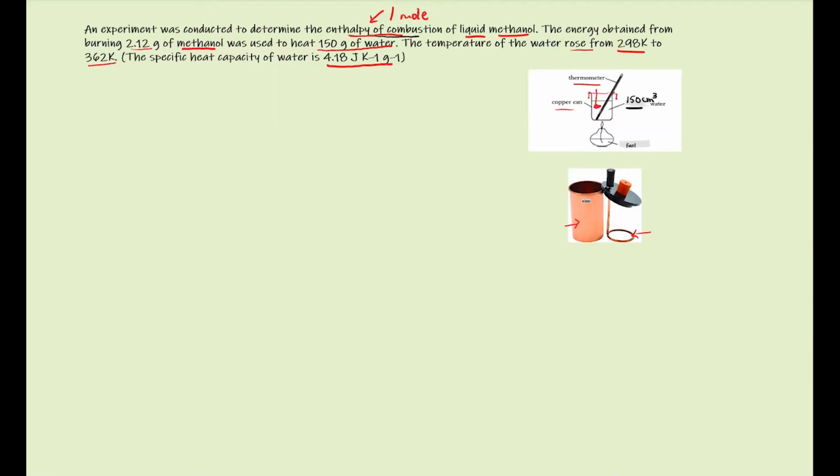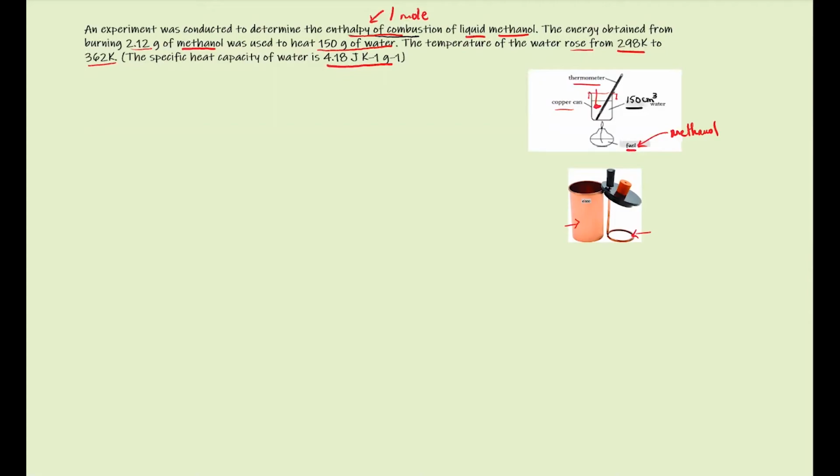What we have underneath is a burner or spirit burner. Now that's any fuel. In this case, for us, that is methanol. And we're going to be burning that, and we know how much we're going to burn because we've been told that in the question, 2.12 grams. I've changed this value here.